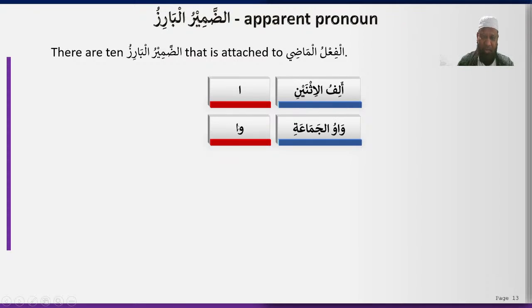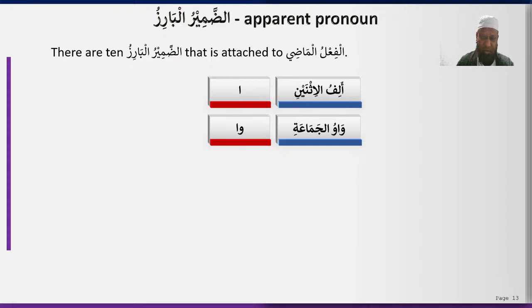That alif is here just to separate. It is called separation alif, to separate from two words. So this is the fa'il, and the next word will be any ism, any word.